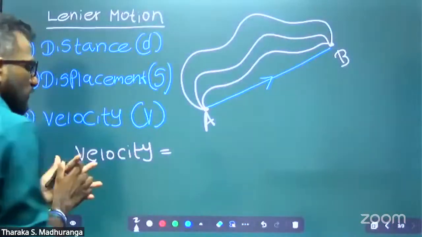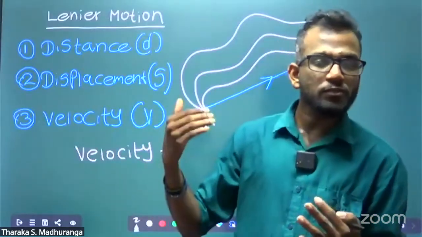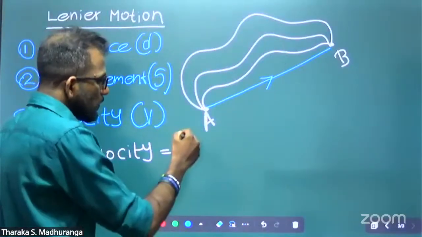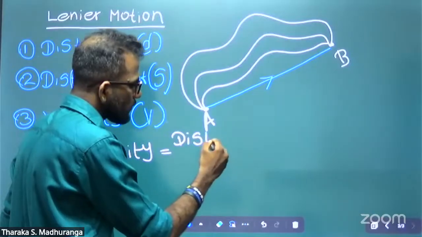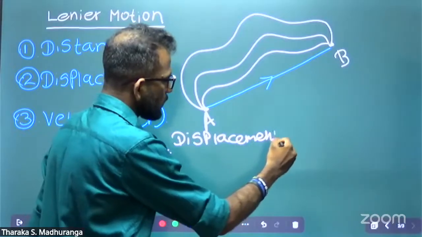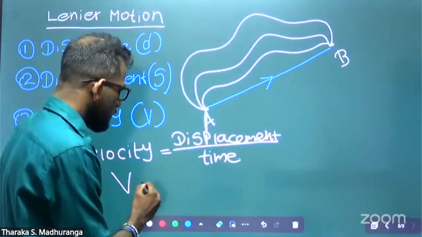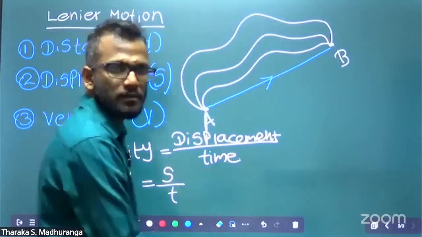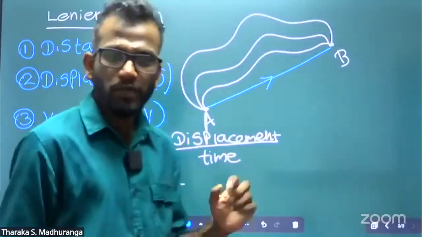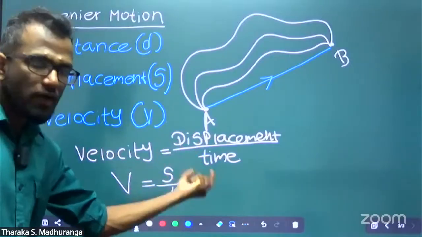Okay, the velocity. What's the meaning of velocity? The rate of change of displacement, or the displacement change within unit time. If you have displacement divided by time, this is the velocity, so velocity equals S over T. Unit time always means dividing by time.